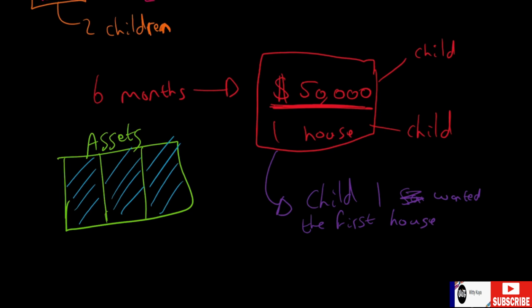But maybe one of the parties wanted assets from here, and this person wasn't fussed if they got assets from either here or here, but after it's all said and done, because of their parent passing away, they're upset and they don't want to swap stuff. So that's one of the disadvantages.